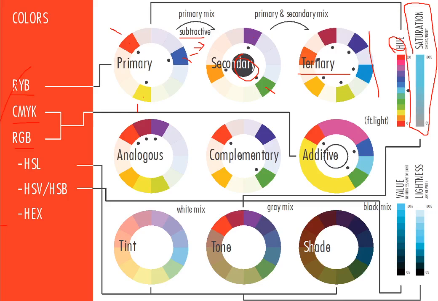What I was saying is, if you change the amount of light that is exposed on the color, you can change the value of the color. With white mix, you get the tint of the color. Tint. With gray mix, you get tone. If you mix gray with the hues, you get many different kinds of tones of that hue color.